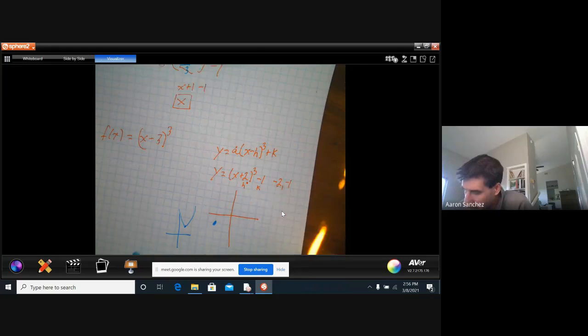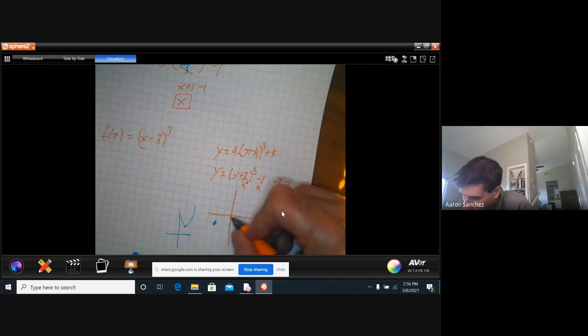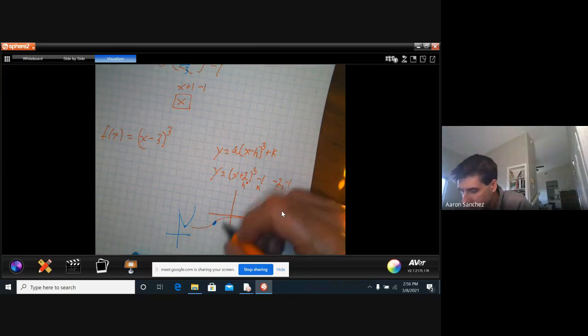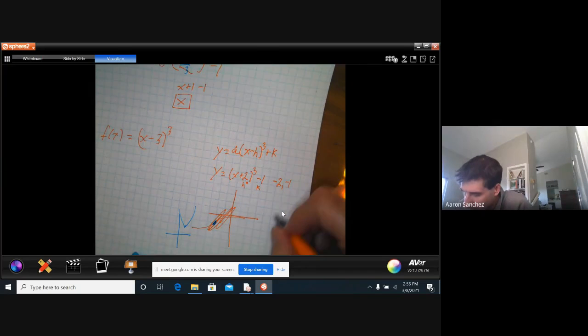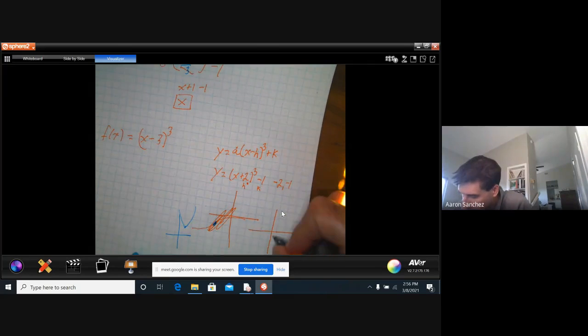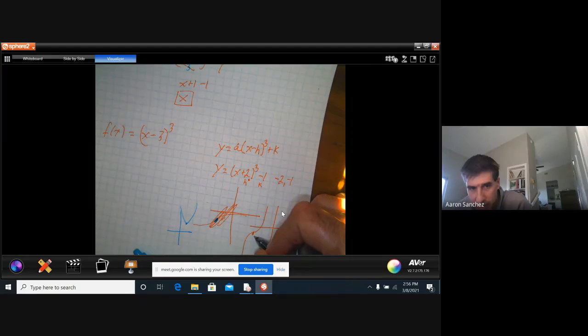But with the cubic function, the vertex is the point where it kind of curves. Sorry, that's not the cubic. The cubic function looks like this. So where it kind of curves, that's the vertex, okay?